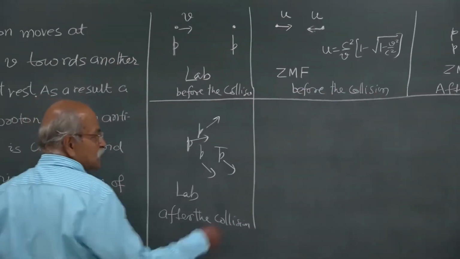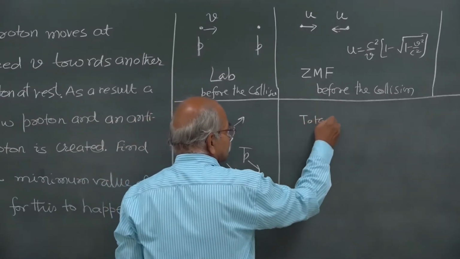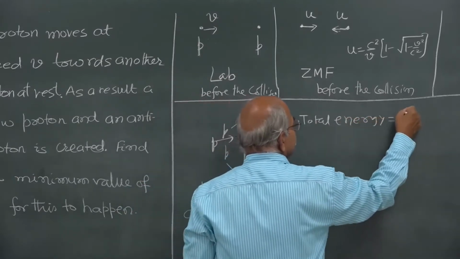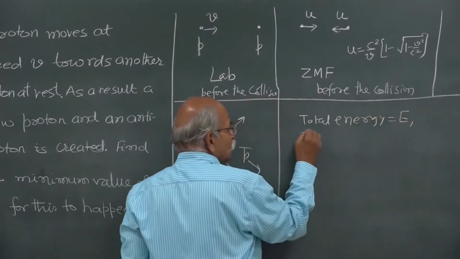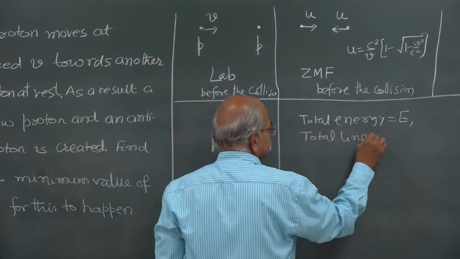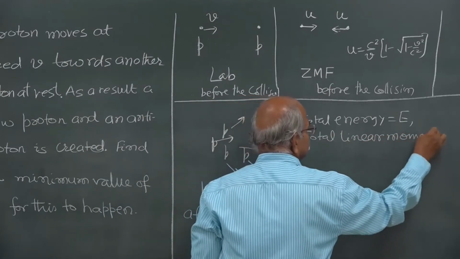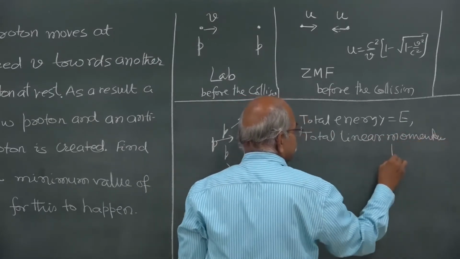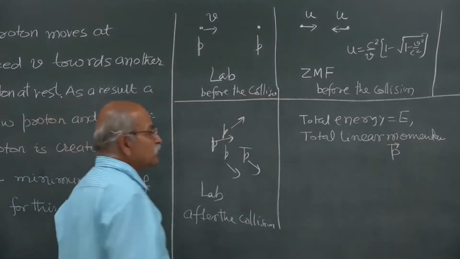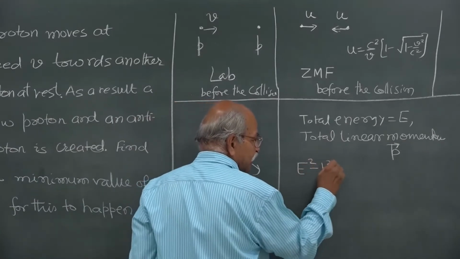Now, think of this quantity: the total energy of the 2 particles is E, and the total linear momentum is P. And think of the quantity E square minus P square C square.